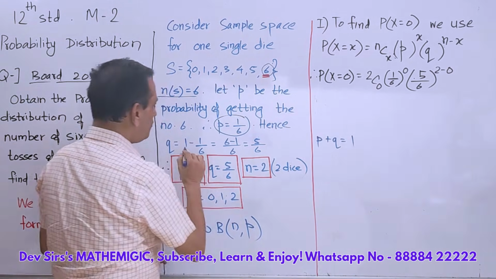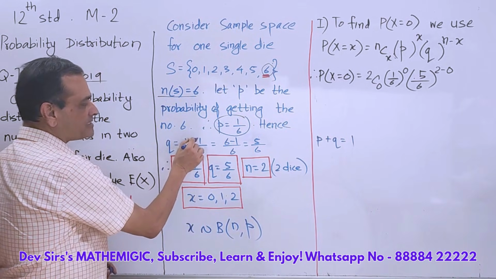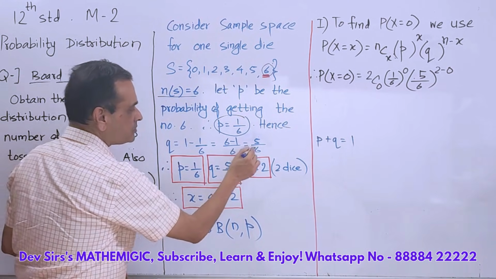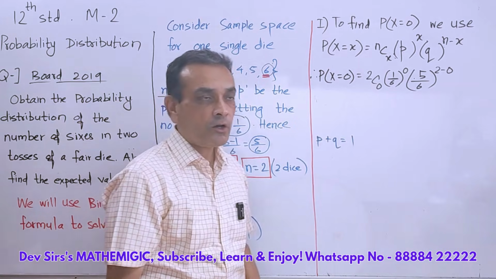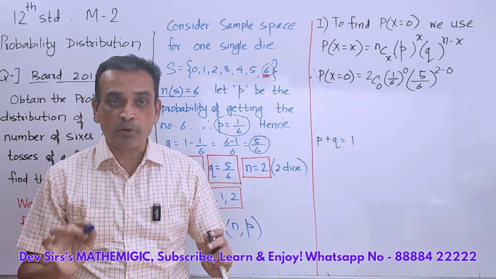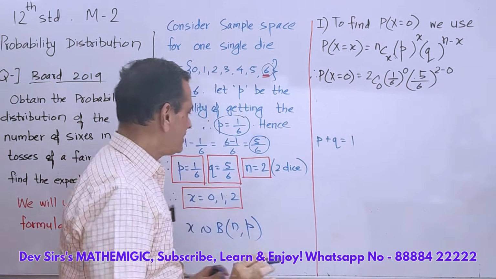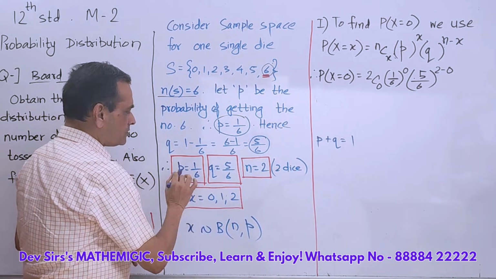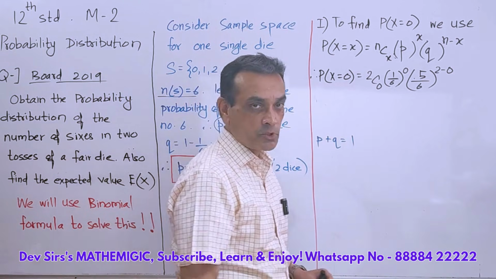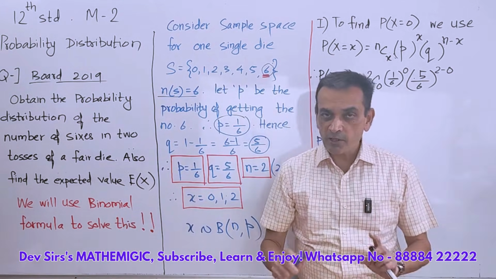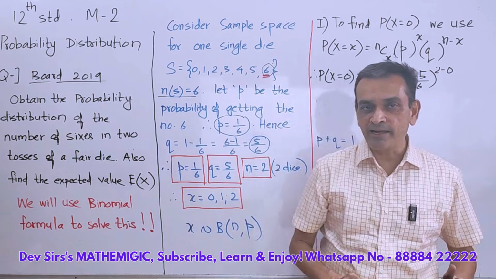So q is equal to 1 minus p, that is 1 minus 1 by 6, which gives you 5 by 6. So what is the probability of not getting a 6, the probability of failure? 5 by 6. Writing p and q are the two important things in any binomial distribution problem: probability of success, probability of failure.